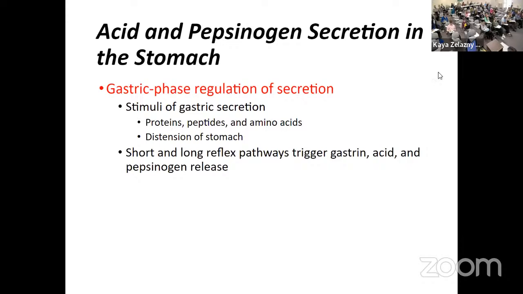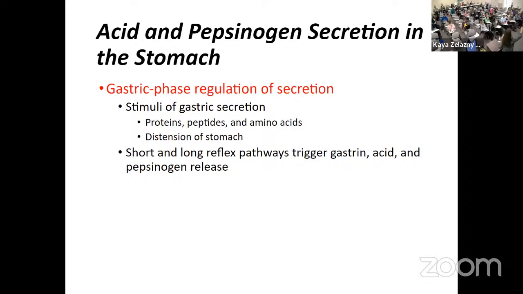So when we're thinking about stimuli coming from the stomach itself, to which the stomach can respond, we're going to be thinking about things that would signal the actual presence of food in your stomach. So when we're thinking about gastric phase stimuli, we're going to be thinking about your stomach sensing that there are proteins, peptides, and amino acids in your stomach.